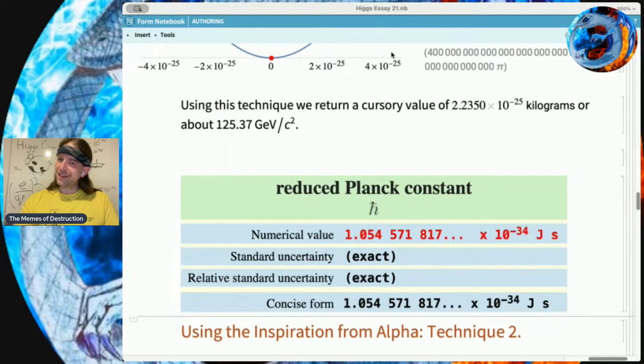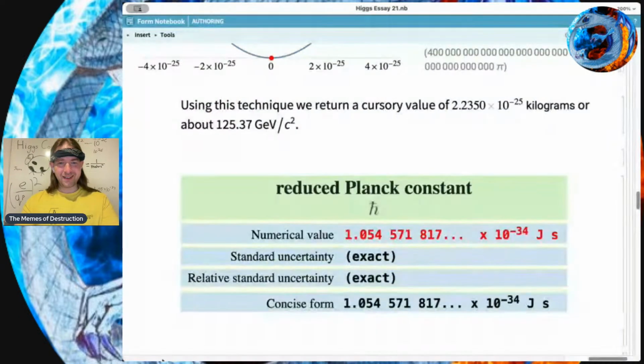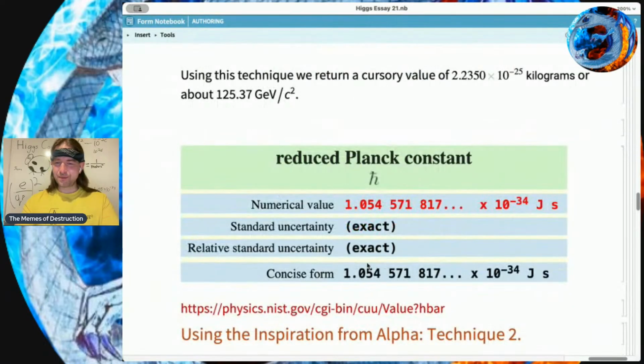Oh, I want the Planck mass. Oops. Oh well, we needed you anyway. Hold on. Mass.